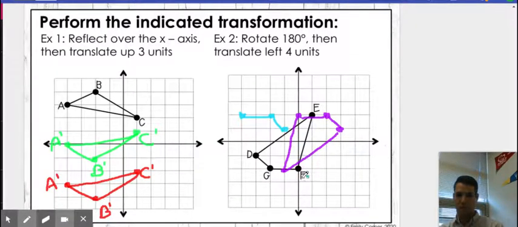And we have this bottom one would be 1, 2, 3, 4 spaces to the left as well. And we can connect all 4 of our points. So we have a shape that we spun around 180 degrees and then moved left 4.